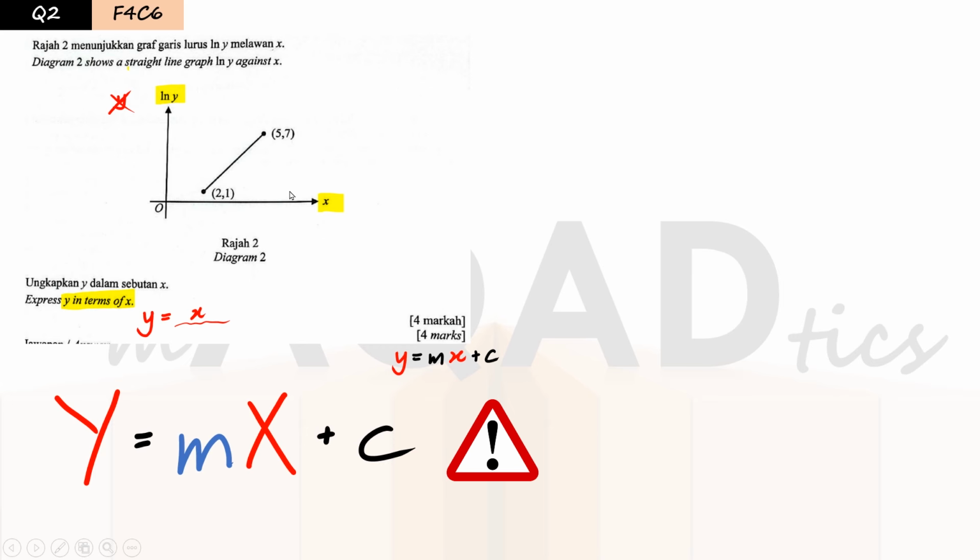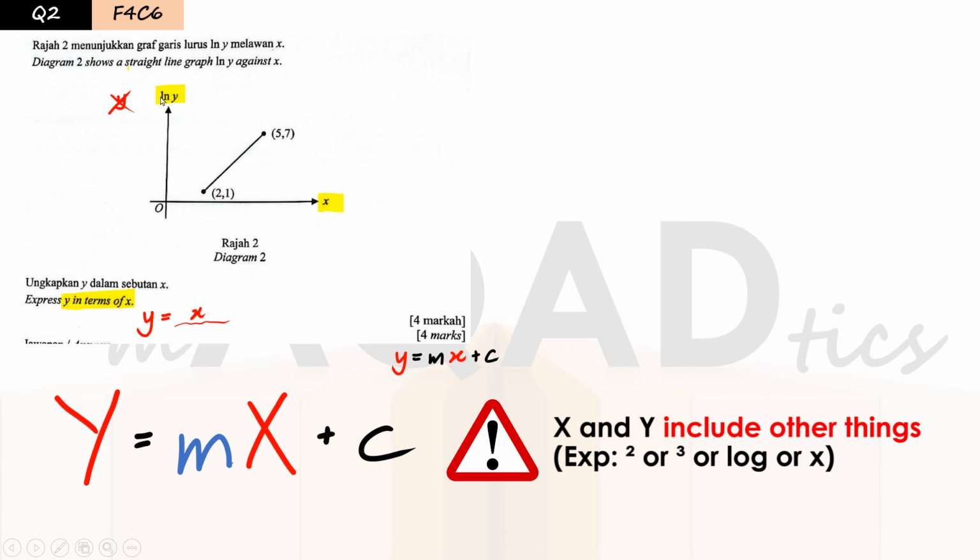Because if you see in this diagram, on the y-axis there are some other things inside of it, for example, the ln here. So we cannot just straightforwardly use small y. Okay, because small y and ln y, there's a difference, right? So let me give you an example here. So let's say big Y. Previously, it was just small y, right?